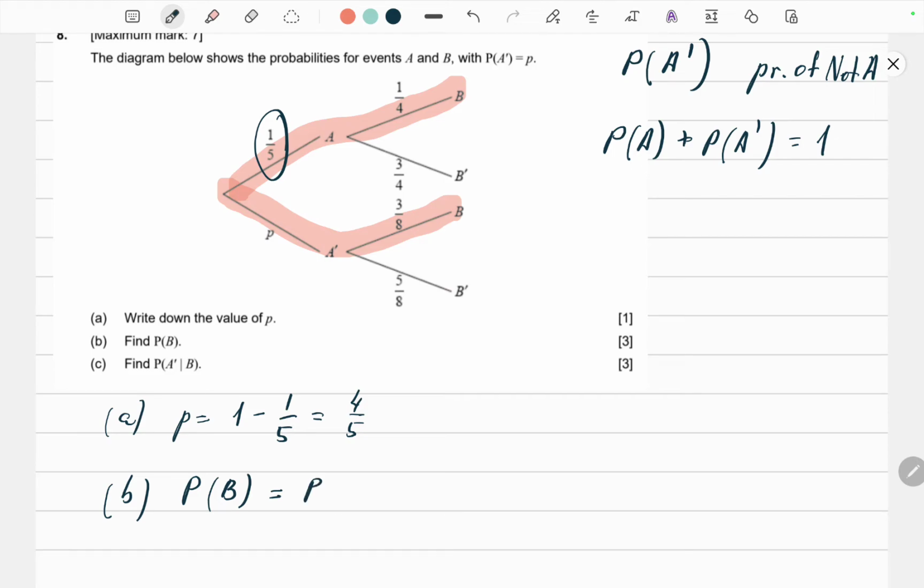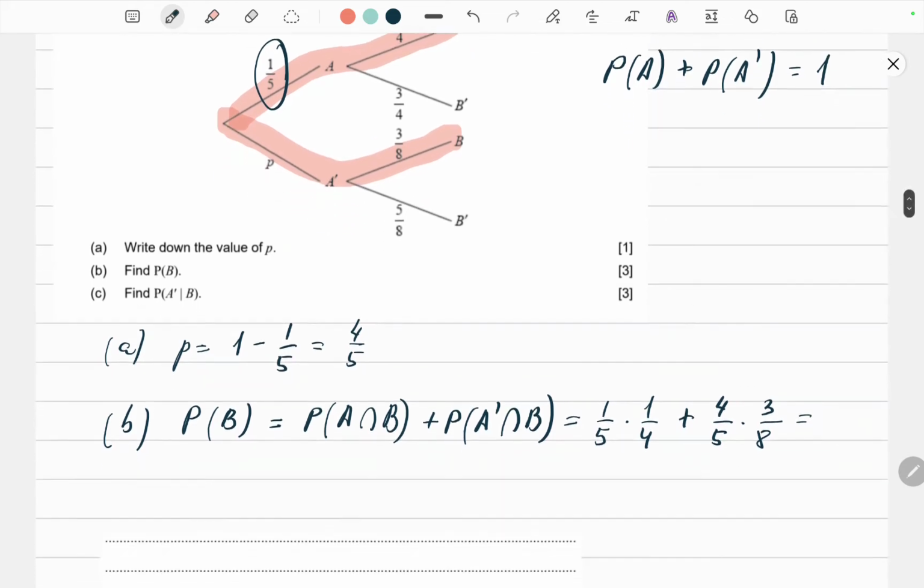Don't be scared of these signs, it's simply A and not A. So the probability of A, 1/5, times the probability of B given A, 1/4, plus 4/5 multiplied by 3/8.